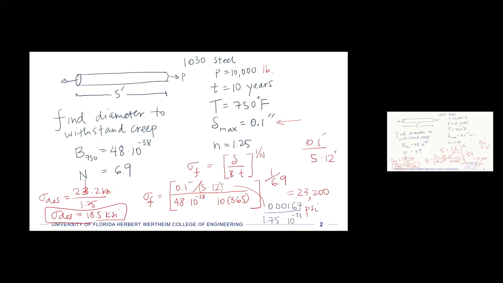So that got, for the denominator, 1.75 times 10 to the minus 33. I did mine in hours because he said hours earlier. Oh, okay, yeah, that's what I thought.